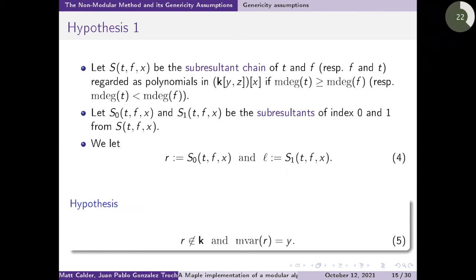Our first hypothesis to fulfill our genericity assumptions is that R must be non-constant and must have main variable y.